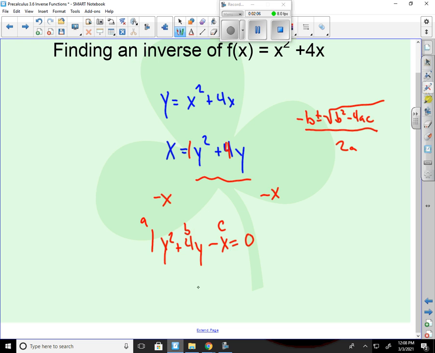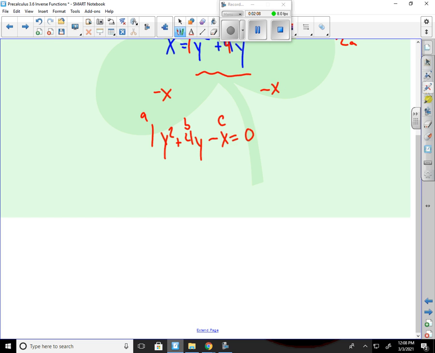Now I just plug it into the formula. Negative b, that's a negative 4, plus or minus the square root of 4 squared, which is 16, minus 4 times 1 times negative x, all over 2 times a. A is 1, so that's all over 2.